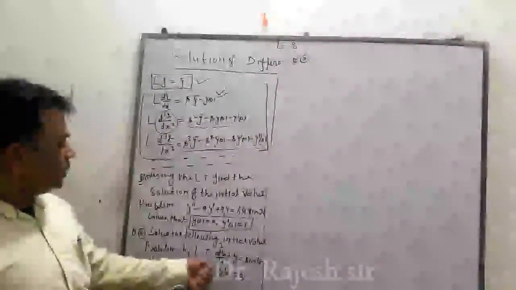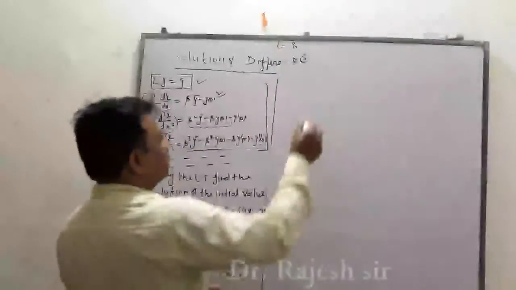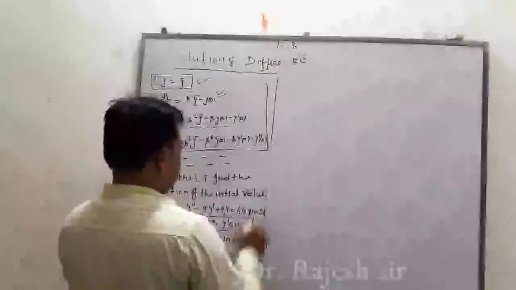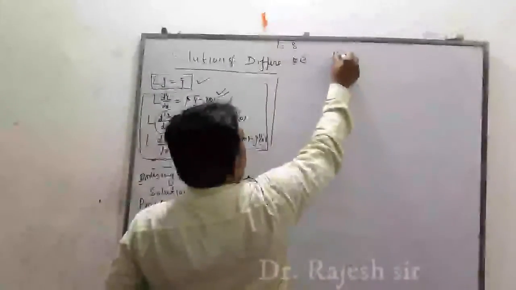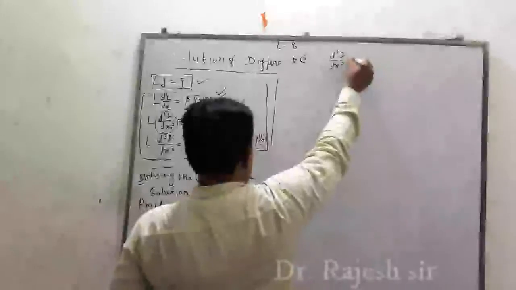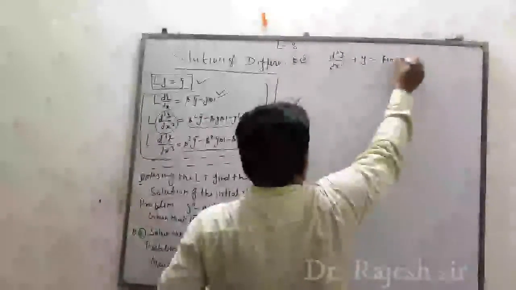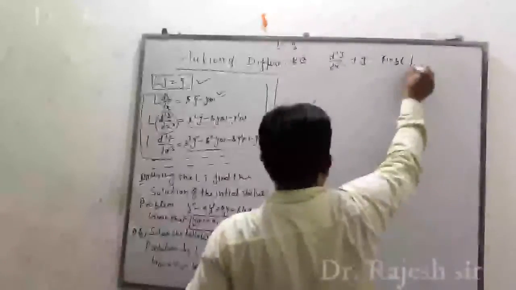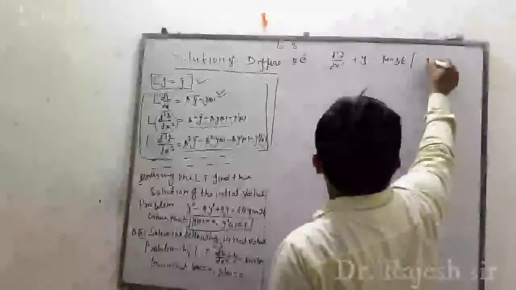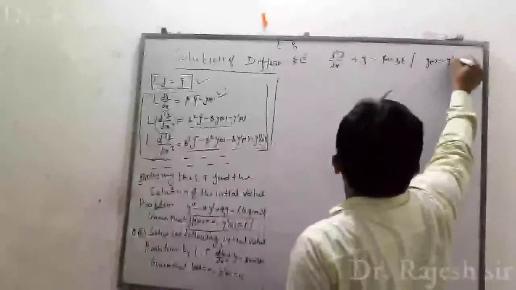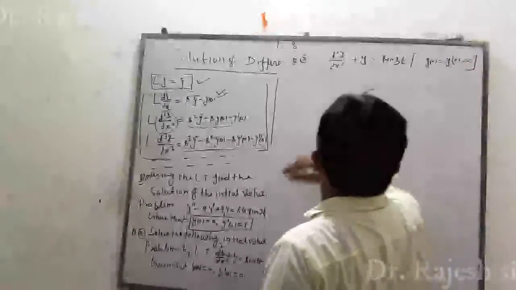Solve this differential equation by the Laplace transform: d2y over dx2 plus y equals sine of 3t, and the initial conditions are given: y0 and y dash 0 equal to 0.